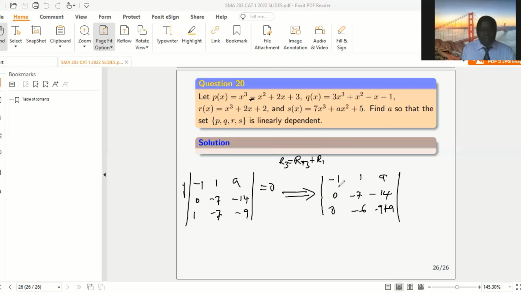Now let's get the determinant along this column. Delete the row and the column of negative 1, and you have, let's put that here. When you delete those, you have negative 7, negative 14, negative 6, negative 9 plus A equals 0. Now there's a negative 1 here.